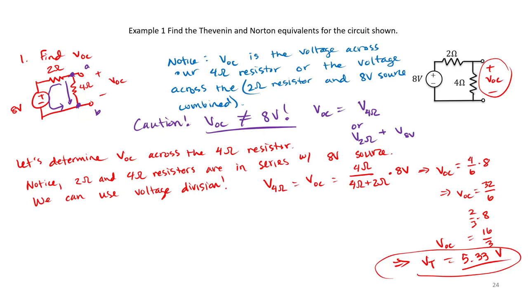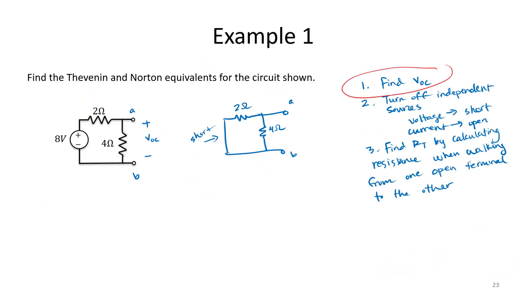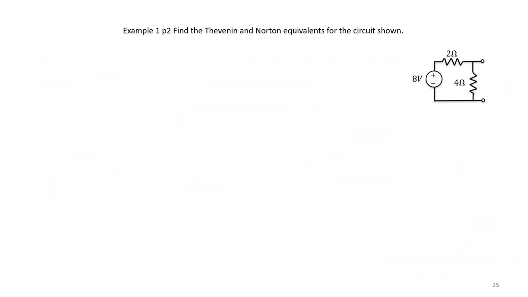So our second step is to turn off independent sources and find our Thevenin resistance. So let's do that next. So remember, we first have to turn off independent sources. So that means our voltage source becomes a short.